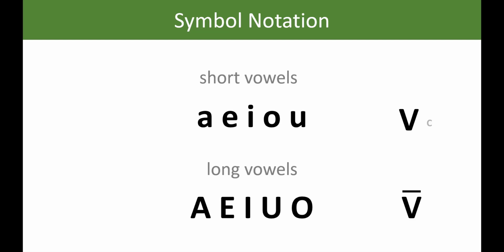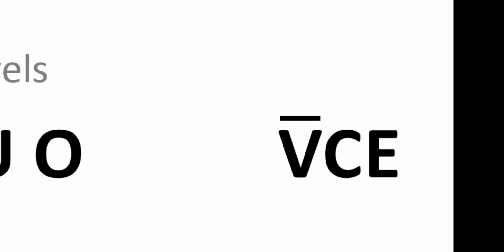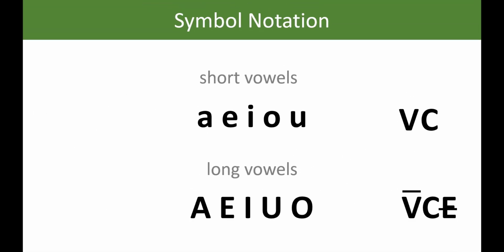A consonant is shown with a C, and every other letter is itself. For example, E. So here, looking at the bottom, we have a long vowel, a consonant, and the letter E. The other thing to say is that sometimes letters can be crossed out, and that means that they are not pronounced. Okay, that was a quick introduction into symbol notation.